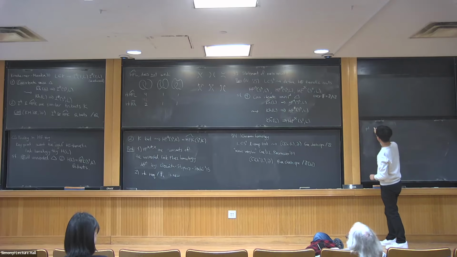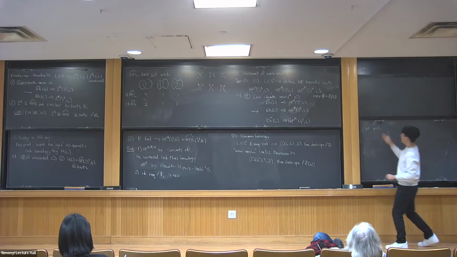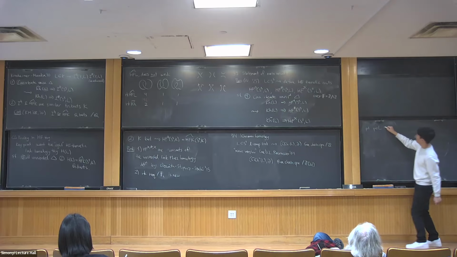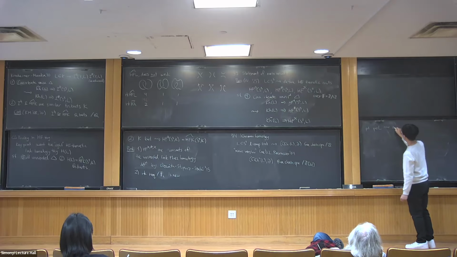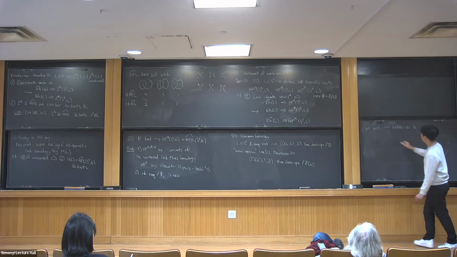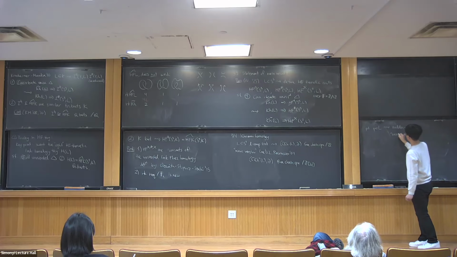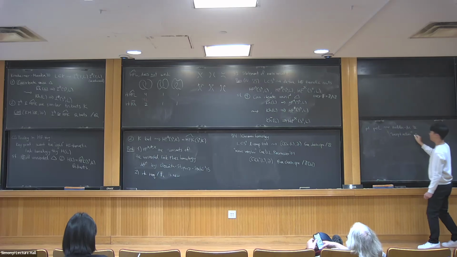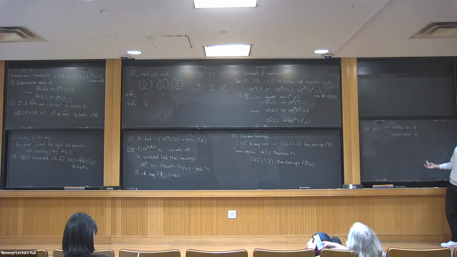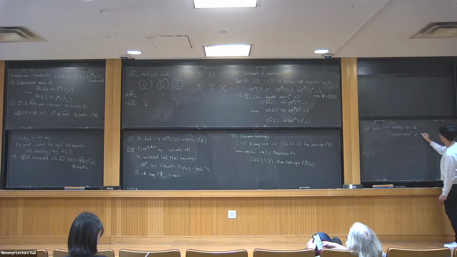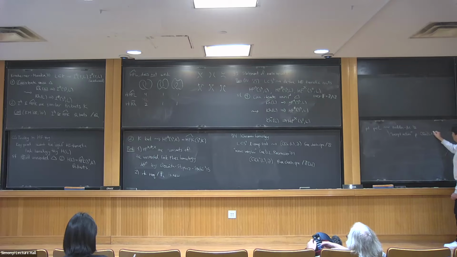So if we have a point P on the link L, then Heaven and Ni define the base point action, which I will denote also as P, which is an endomorphism of the chain complex.